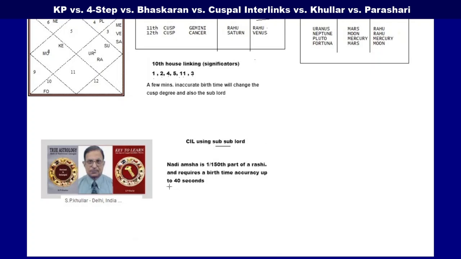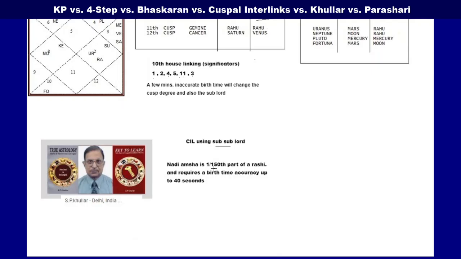So in some article or somewhere in Khullar's book, I realized that Khullar was using the sub-sub to relate it to the Nadiyansh. The Nadiyansh is the 150th part of a Rashi, and this requires a birth time accuracy of up to 40 seconds.